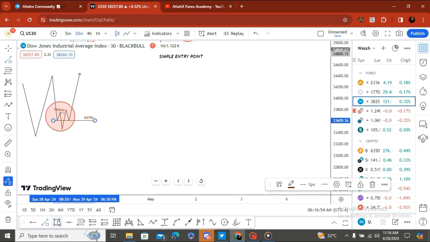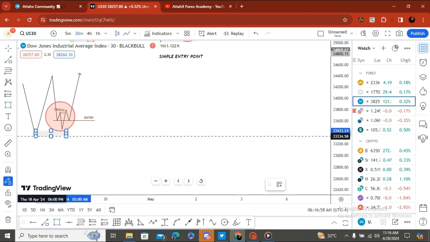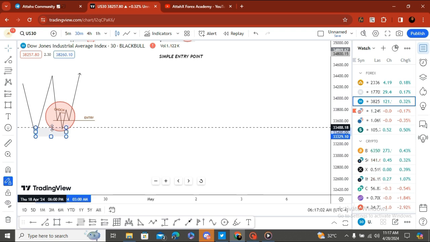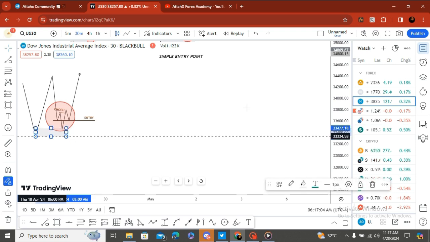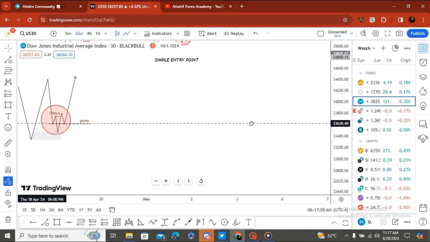Now we have our POI, which is this demand zone, and our point of no return, which is the PNR.